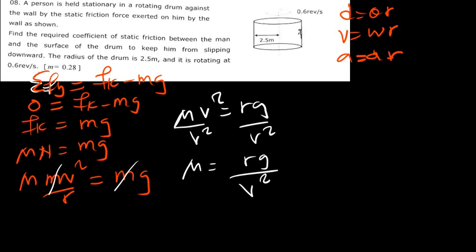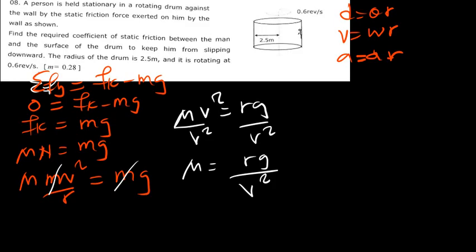Like in this case, I want to find, I've been given from the question, let's read the question. A person is held stationary in a rotating drum against the wall by the static friction force exerted on him by the wall as shown in the diagram below. Find the required coefficient of static friction between the man and the surface of the drum to keep him from slipping downward.